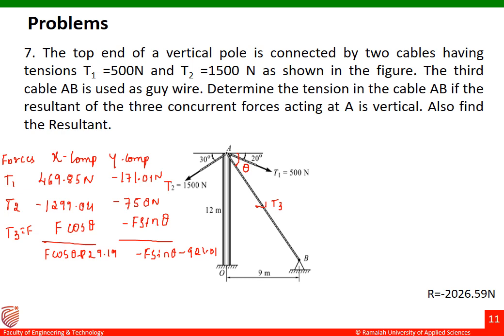Okay, so what is the condition given in the question? If the resultant of the three concurrent forces acting at point A is vertical, that means R is equal to Fy. In that case summation Fx is equal to 0. So let us go for this second condition, that is summation Fx equals 0: F cos theta minus 829.19 is equal to 0.